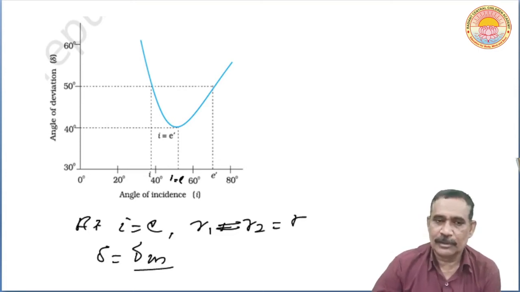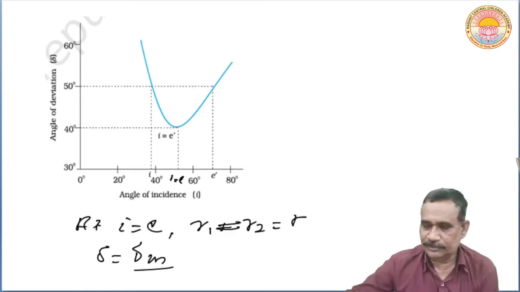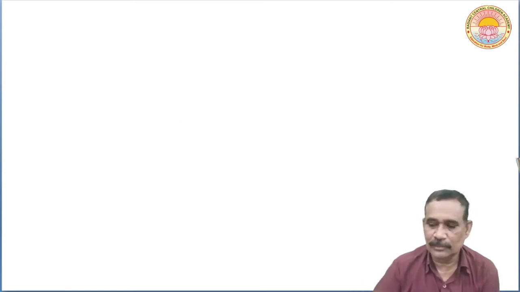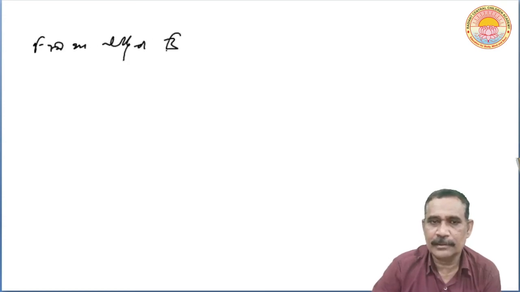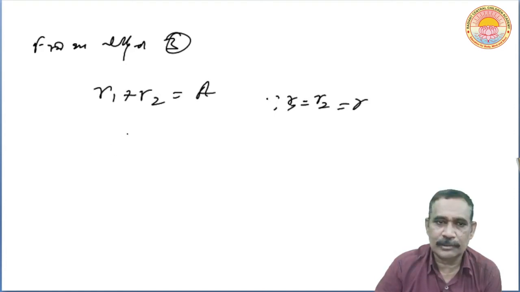Now from equation third, R1 plus R2 equals A, and since R1 equals R2 equals R, therefore 2R equals A, so R equals A by 2.